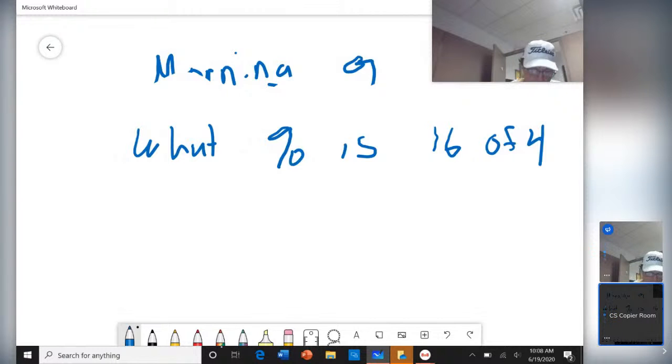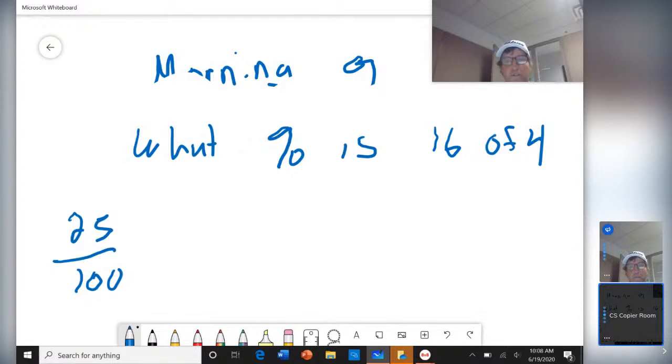Similar, just like this right here. You know, it takes 4 quarters to make $1. So a quarter is 25% of $1. Sometimes money is easy for you guys to see. That's why I kind of use the money thing. And a dime is 10% of $1 because it'll take 10 dimes.